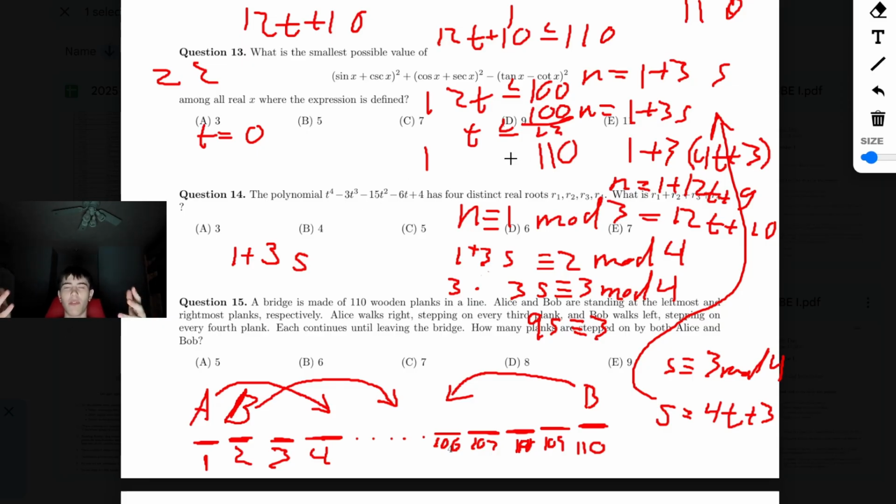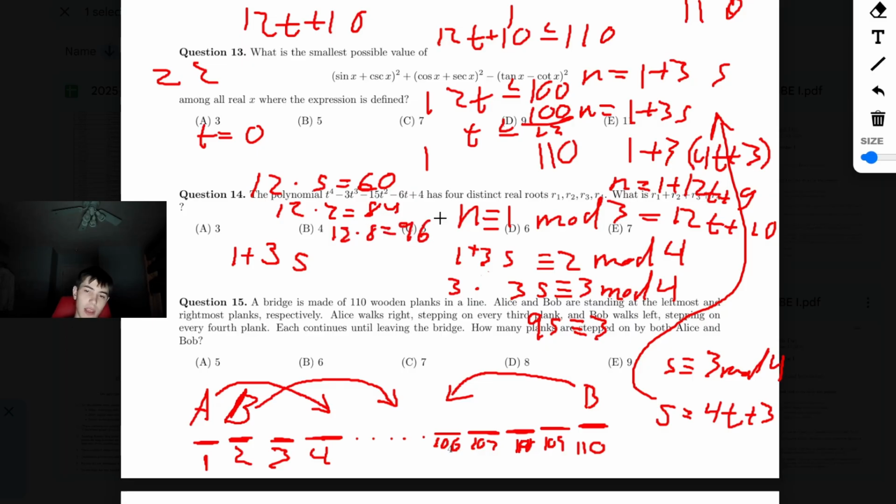If we think about the floor, what is the biggest whole number that's less than or equal to 100 divided by 12? Well, 12 times 5 is 60. 12 times 7 is 84. 12 times 8 is 96. And if we go to 9, then that's too much.